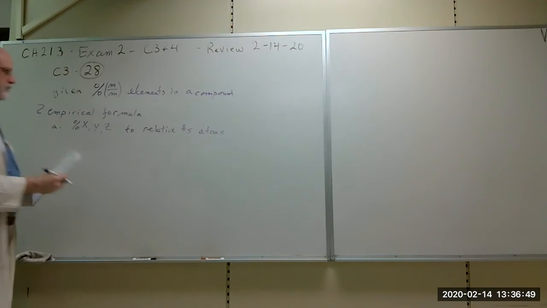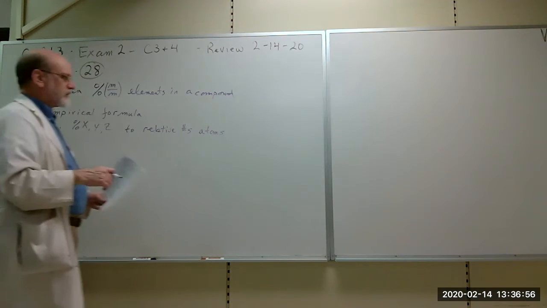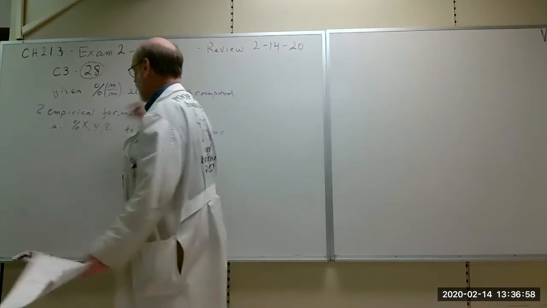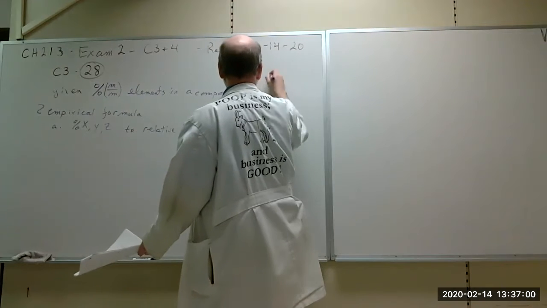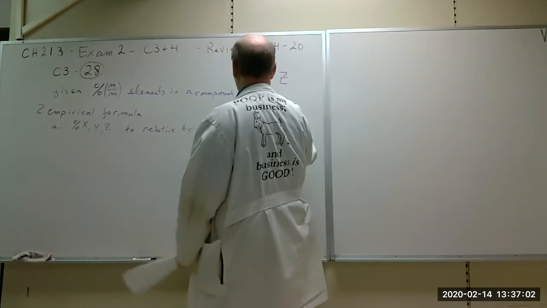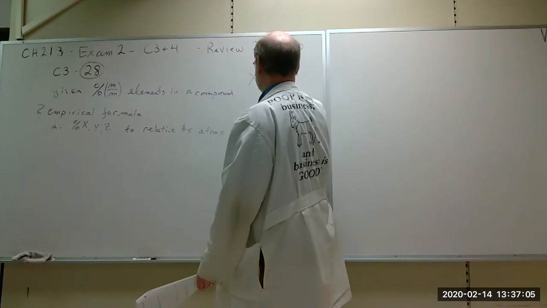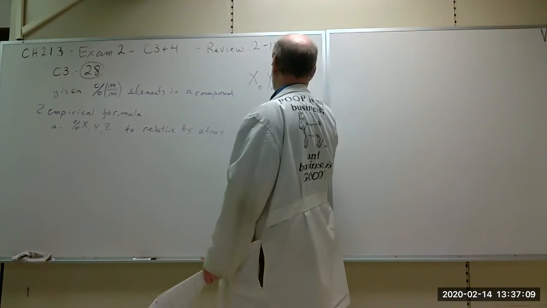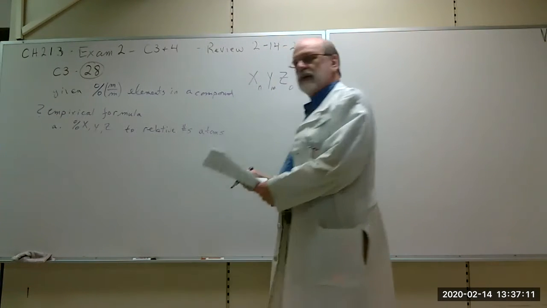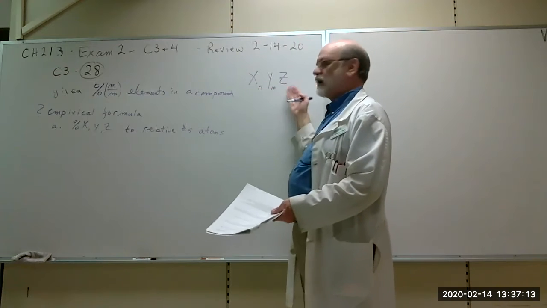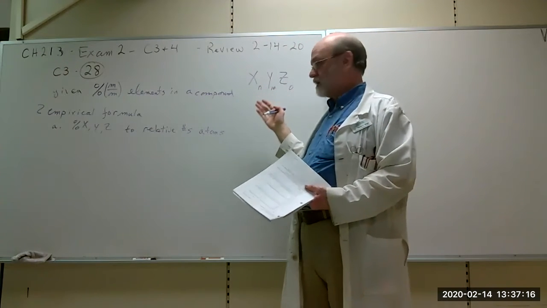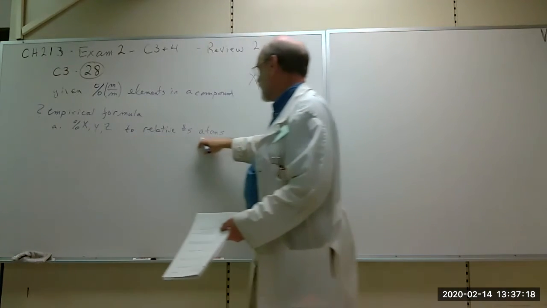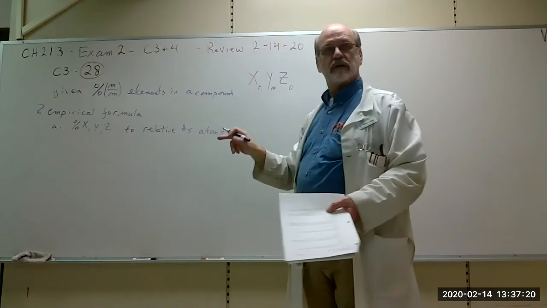Is that true? It is. And you look at the empirical formula. In this case, I said X, Y, and Z. So we say X, Y, and Z in the compound, and then you have this many, N, M, O. You have a certain number of each in the compound. So that's what we're saying here, the relative numbers of atoms in the compound. That's true.